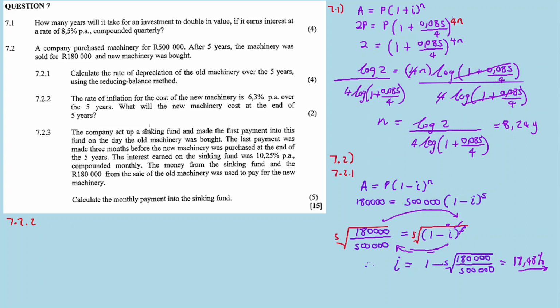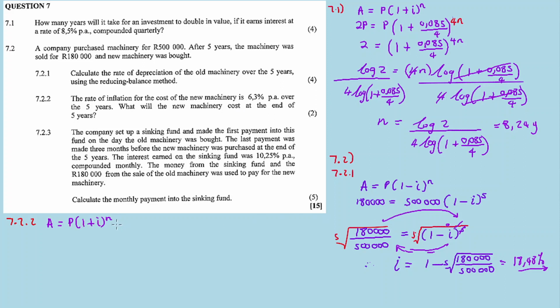But last year it was much cheaper than this year. Why? It's because of the inflation rate. So this machine also increases in value over time. So the price of the machine inflates. So here we want to know what the cost of the new machine will be at the end of the 5 years. This is the inflation rate.